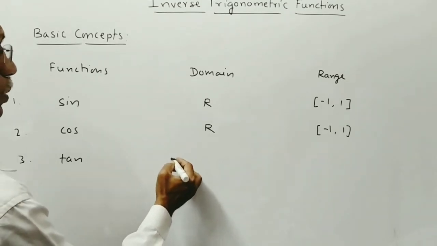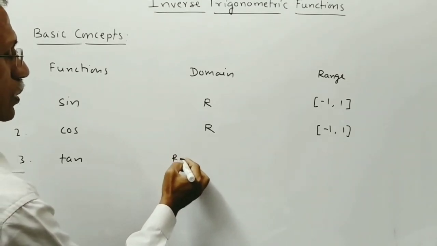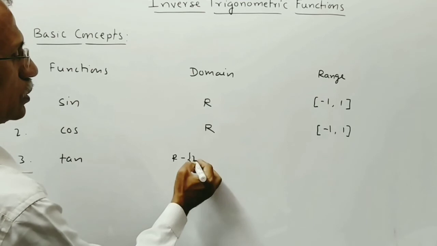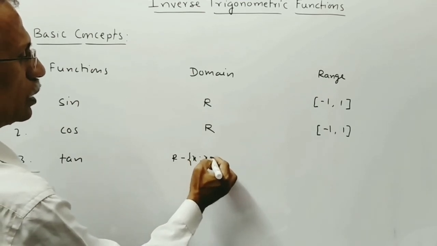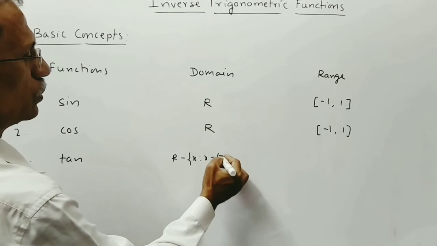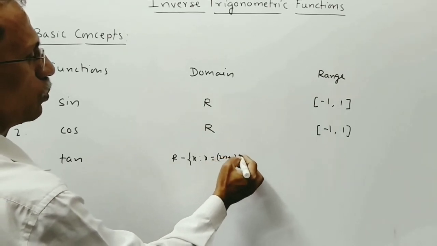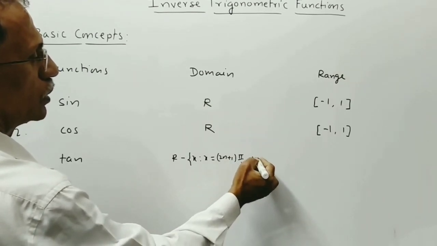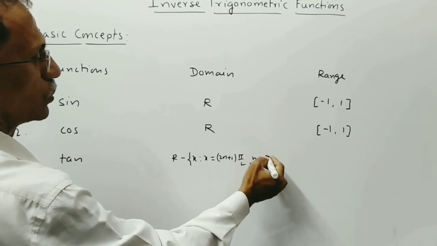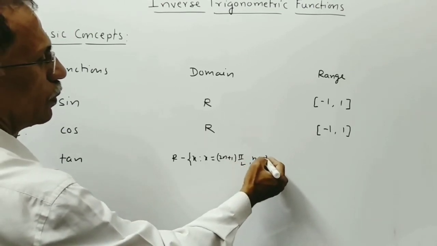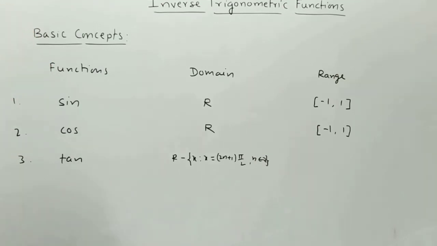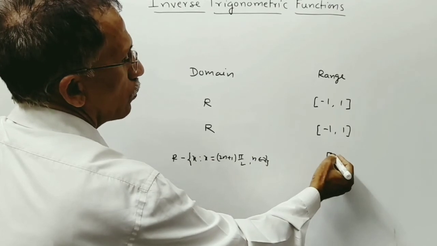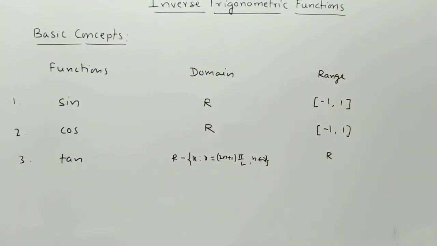Therefore, domain of tan function is set of real numbers minus set of all x such that x is equal to 2n plus 1 pi by 2. What is n? n belongs to z, that is a set of integers. And outcome we are going to get real numbers.